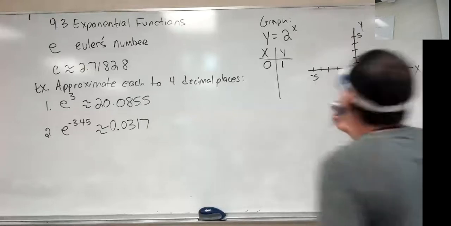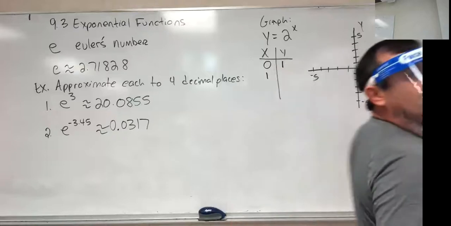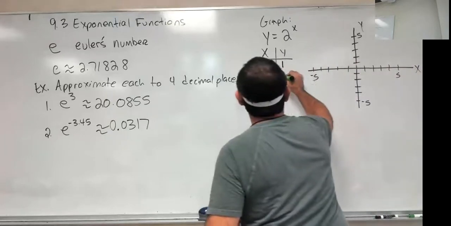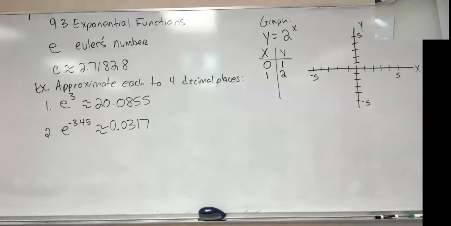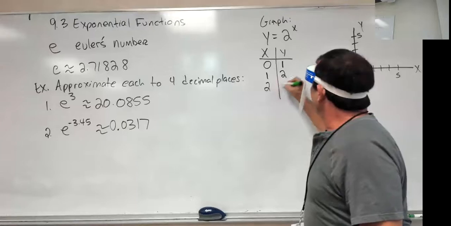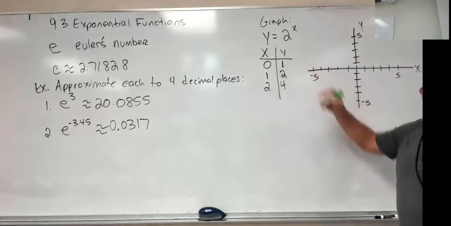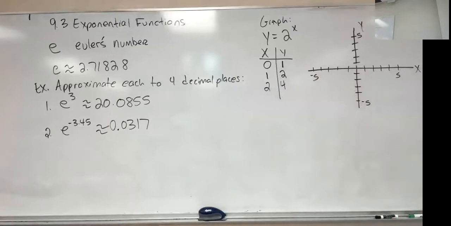Oh, another number that's pretty easy. I'll do a 1. And anything to the first power is basically going to be itself. So 2 to the first is going to give me a 2. And if I put a 2 in, I get a 4. But look how this is doubling. And then let's try one more number.